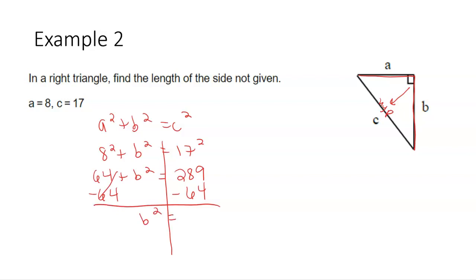So we get B squared equals, and then in my calculator, I'm going to type 289 minus 64, and I get 225. I'm going to square root both sides. You can do this right into your calculator, and you get B is equal to 15, so the unknown side length, and they don't give us units, you could just say units, is 15. This is 8, 17, and this is 15.